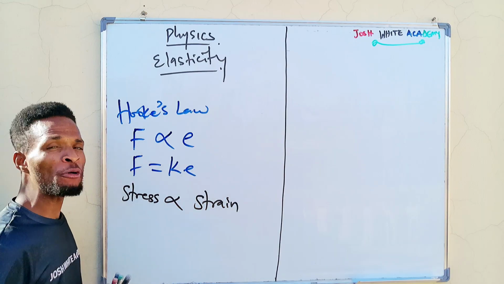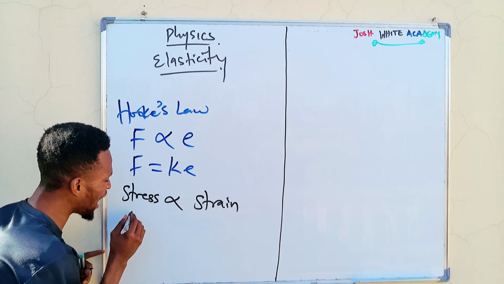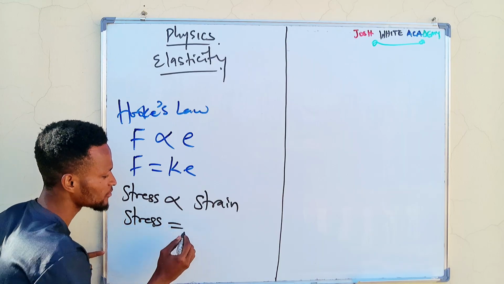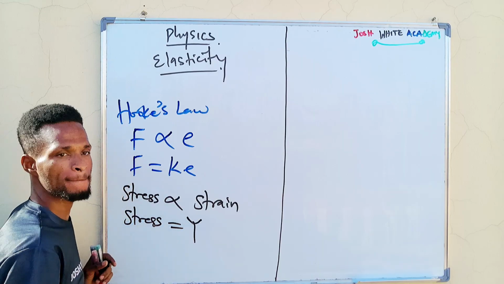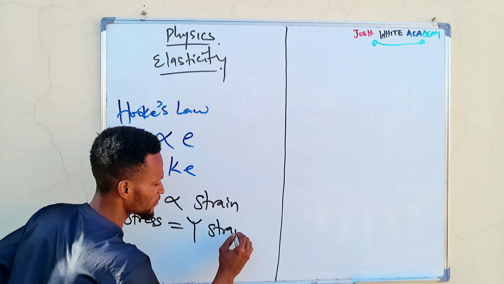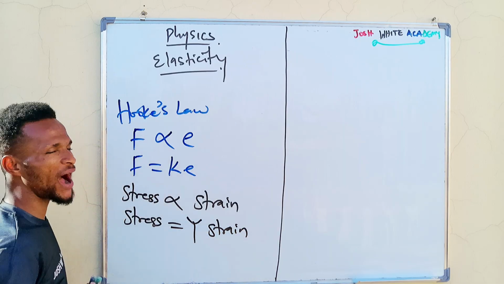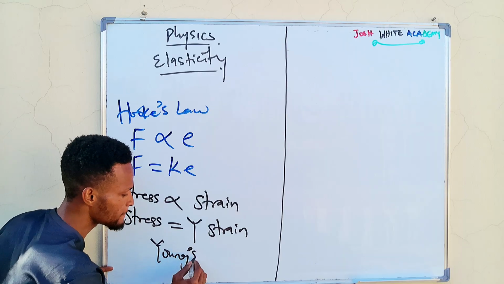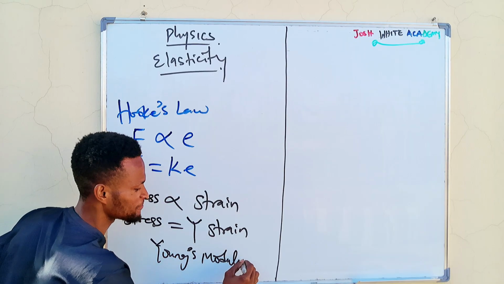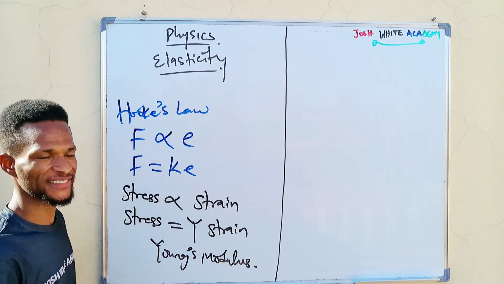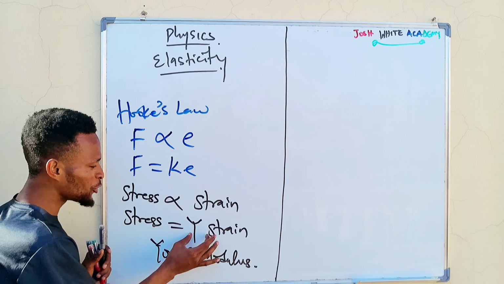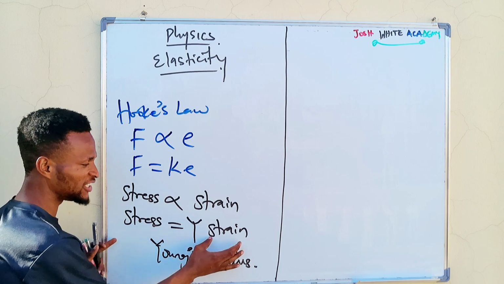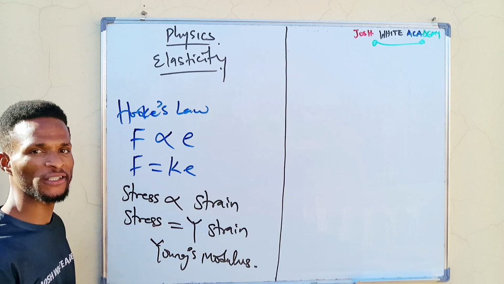And if we remove our proportional sign, we will add a constant. This constant Y is called the Young's modulus. That's why Young's modulus is equal to stress divided by strain, as we will see subsequently.